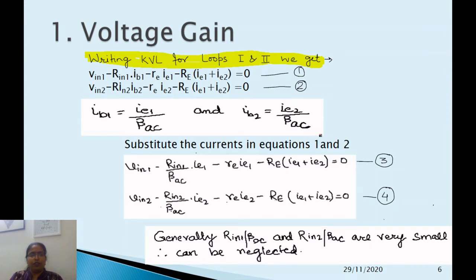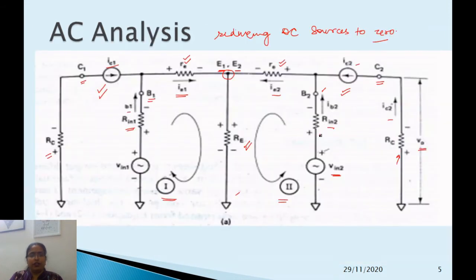So for the voltage gain, taking the loops 1 and 2, we write the KVL, Kirchhoff's voltage law equations for loop 1 and loop 2. Now starting from this V in 1, we are going from minus to plus, so it is taken as positive. So V in 1 minus R in 1 into IB1 minus re into IE1 minus RE into, now from this RE two currents are flowing.